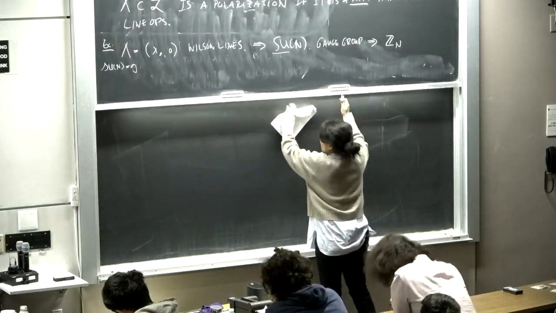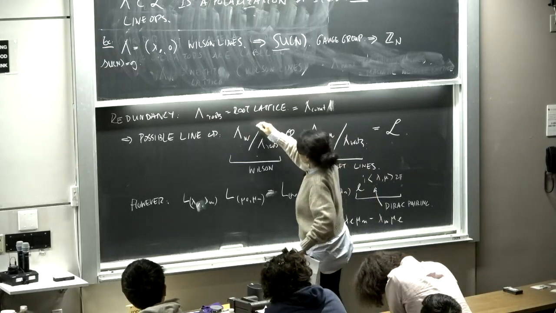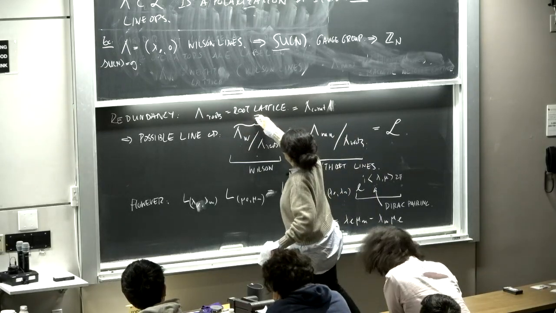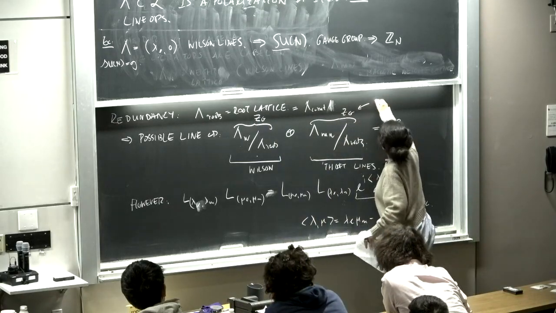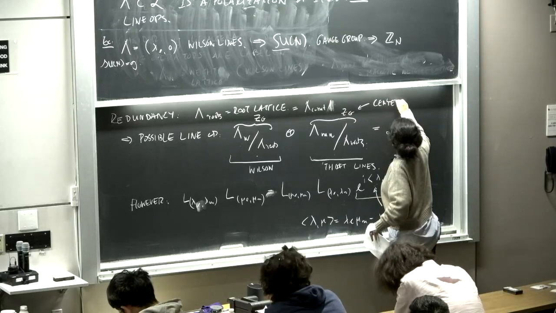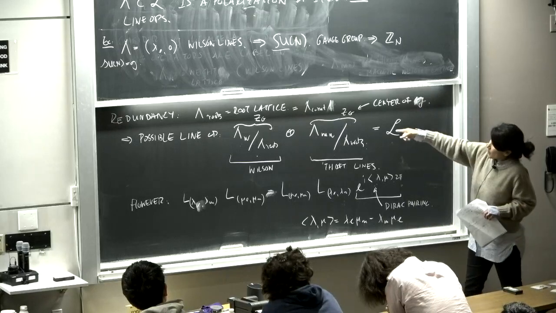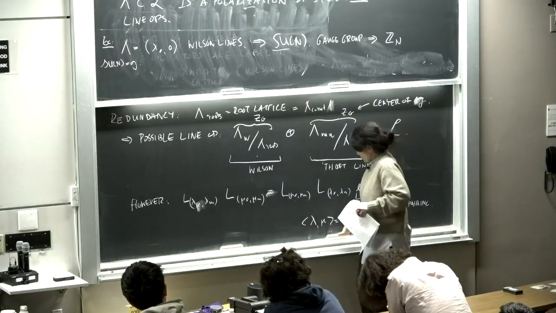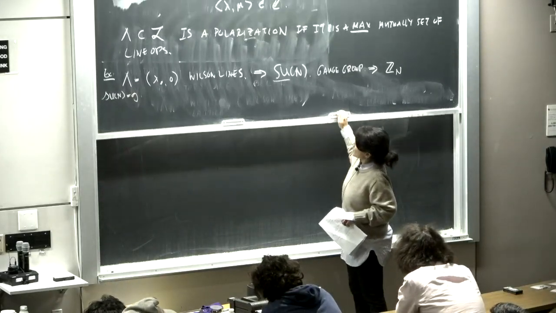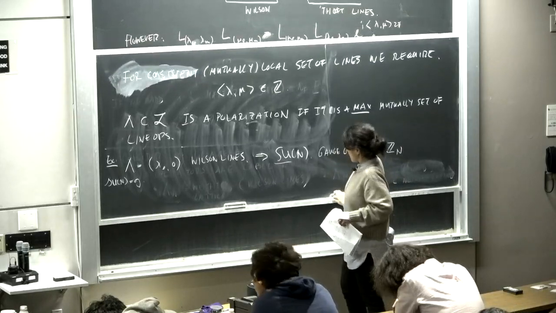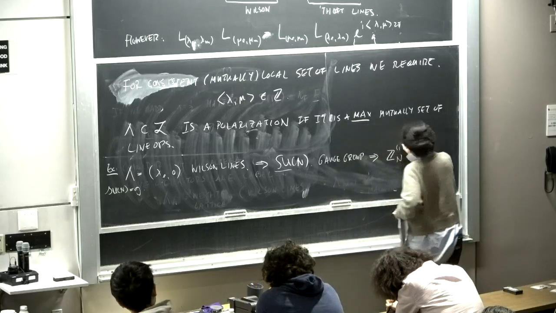And these quotients, of course, can be computed for an arbitrary Lie algebra, and they're given in terms of the center of G. For SU(N), the center is precisely Z_N. These are all the elements that commute with everything in G. So here we have Z_N, and this is what you call a Z_N one-form symmetry.